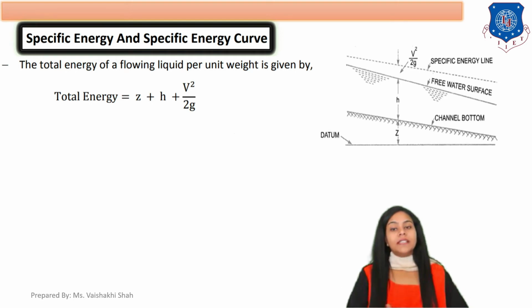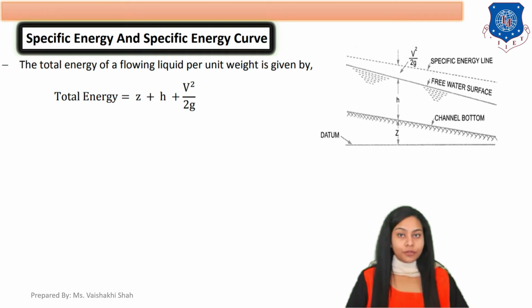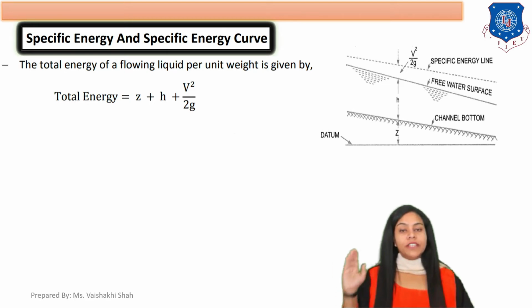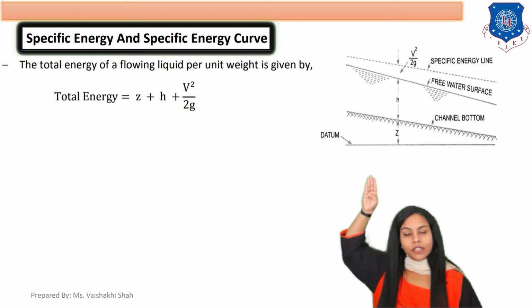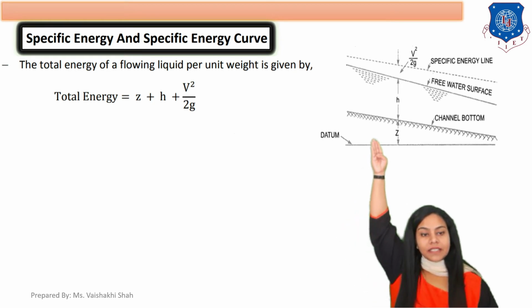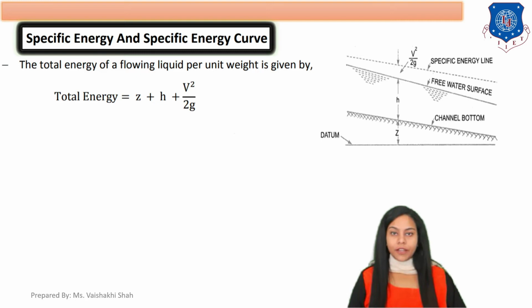So total energy equals Z plus H plus V square by 2g, as shown in this diagram.